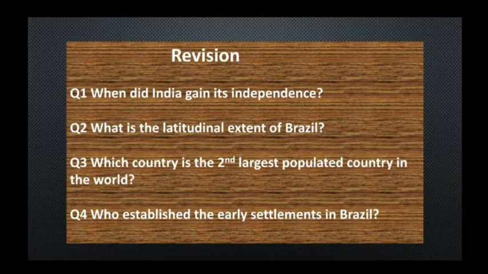Which country is the second largest populated country in the world? You know it, children. It is India. Who established the early settlements in Brazil? The Portuguese settlers established the early settlements in Brazil.